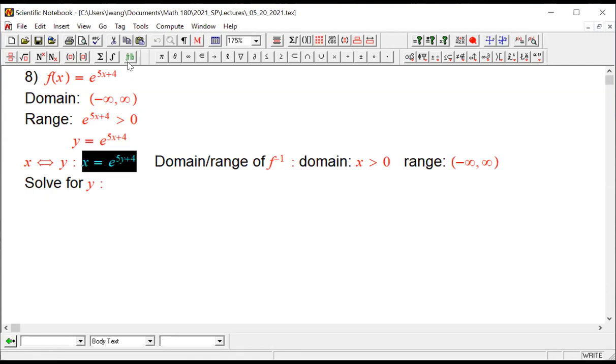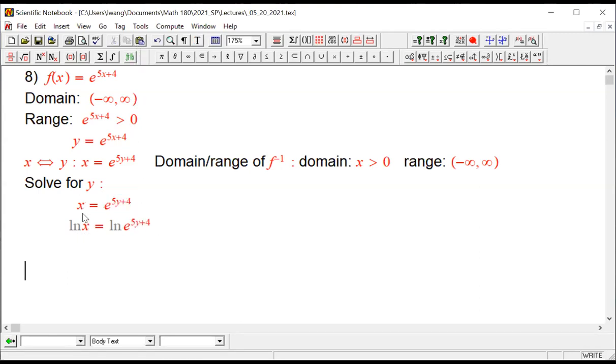How do we solve for y here? Now x is positive, so we can take a natural logarithm on both sides. So we have ln x equals ln e to the power of 5y plus 4.